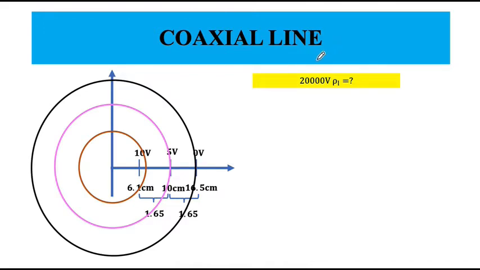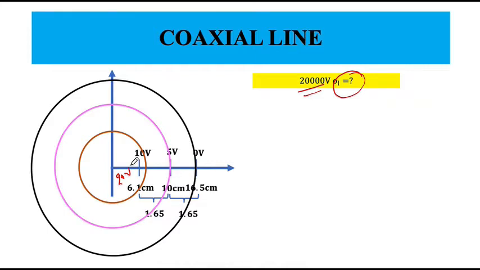Can you guess what the line charge density will be? The line charge density would obviously not be the same 556 picocoulombs per meter. For 556 picocoulombs per meter, with the configuration of 16.5 outer radius and 2.2 inner radius coaxial cable, the central conductor will be at a potential of 20 volts.